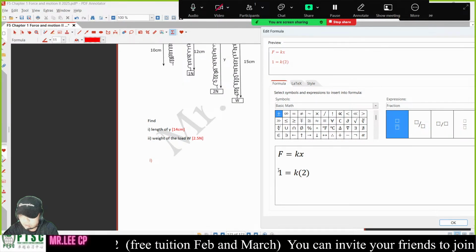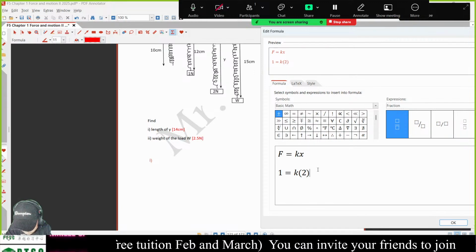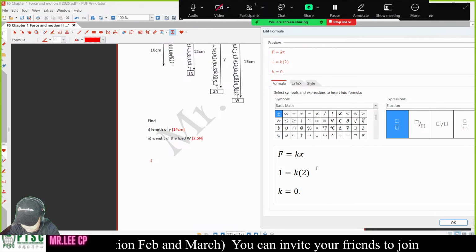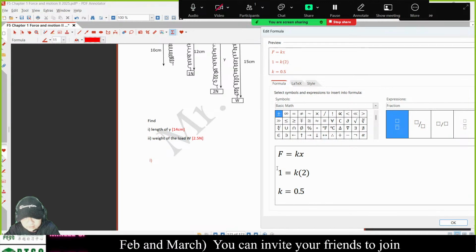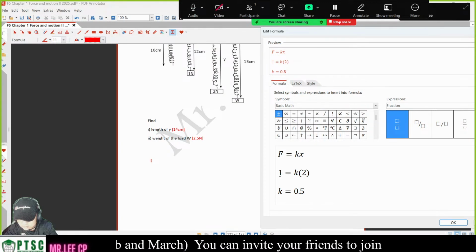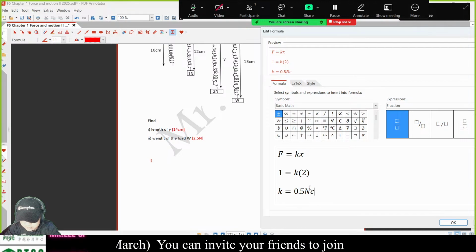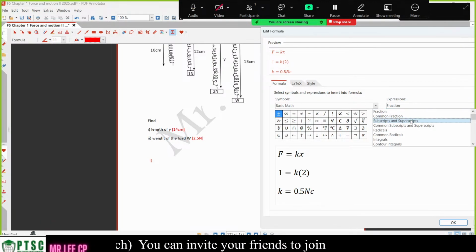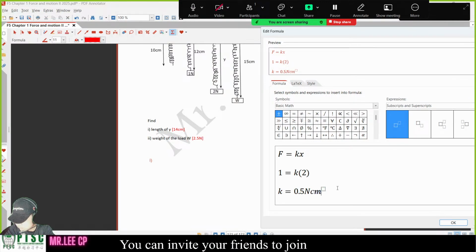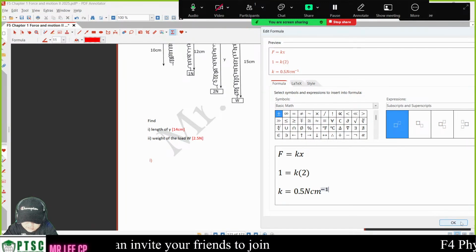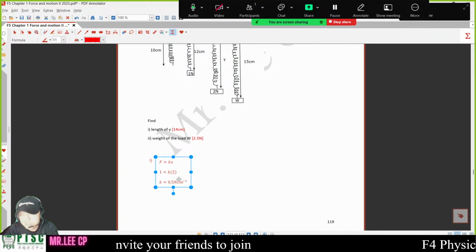So it is 1 divided by 2. K is 0.5 Newton per cm. So you find K first.